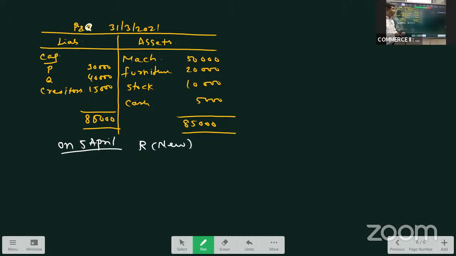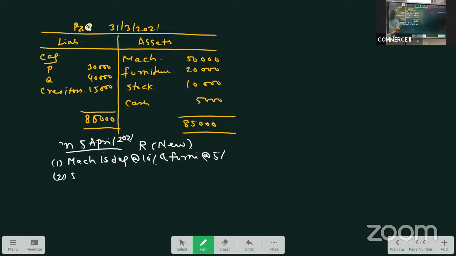So when that new partner is admitted, though it is only 5 days time, still we have to prepare a revaluation account. And suppose the additional information given says that, apart from him introducing capital and some other thing that we'll discuss later on, assets and liabilities are to be revalued: machinery is depreciated at 10% and furniture at 5%.